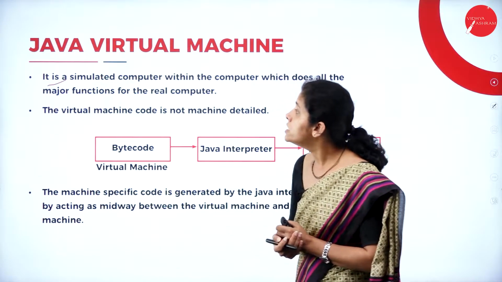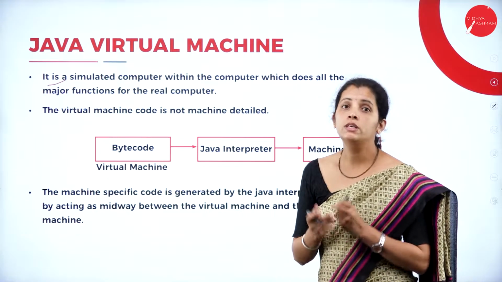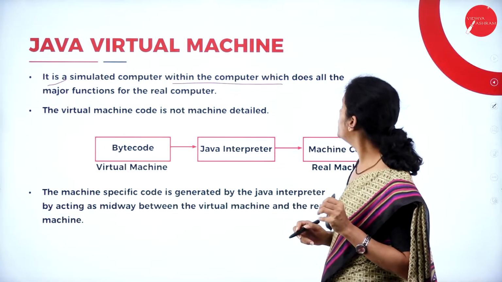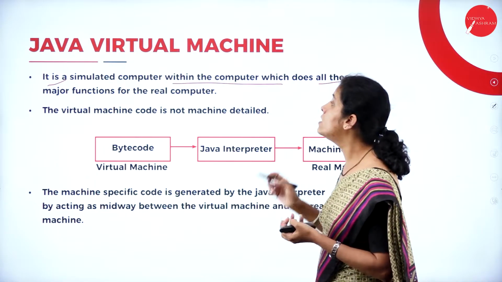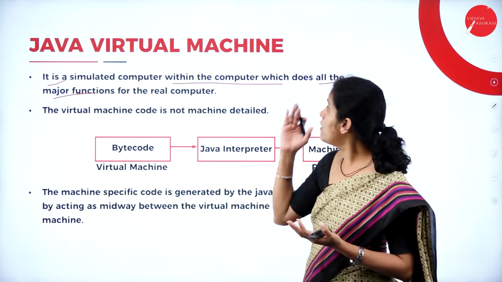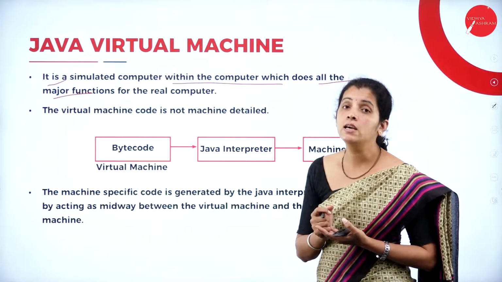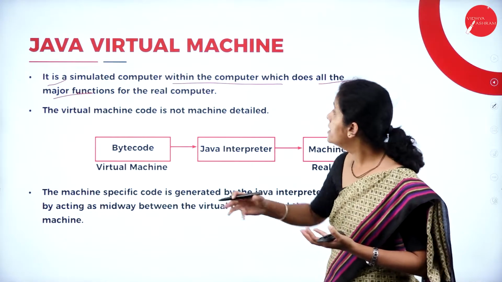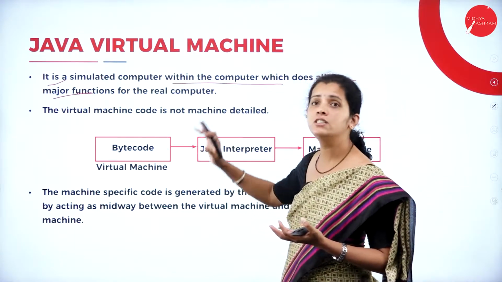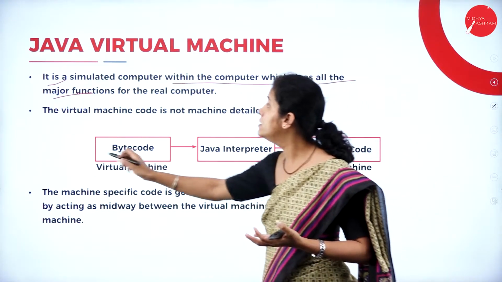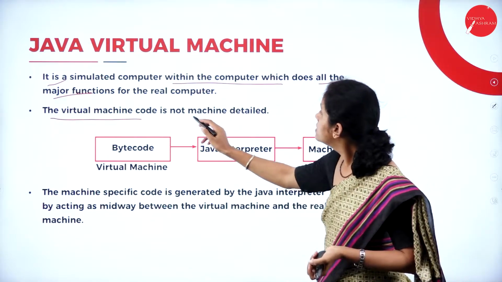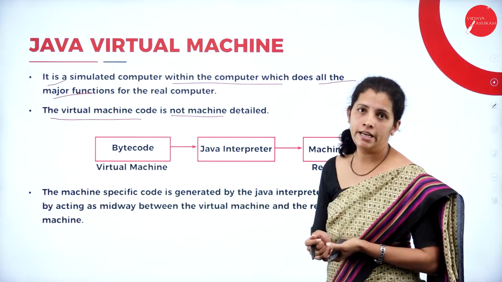Now, what is the Java virtual machine? It is a simulated computer. So, it is a simulated computer within the computer which does all the major functions for the real computer. The Java virtual machine code is not machine detailed.